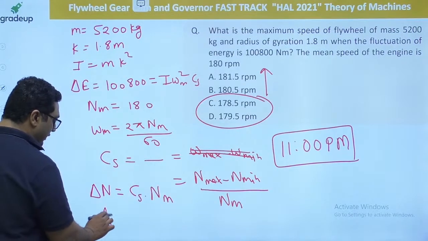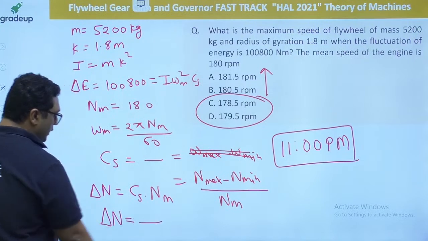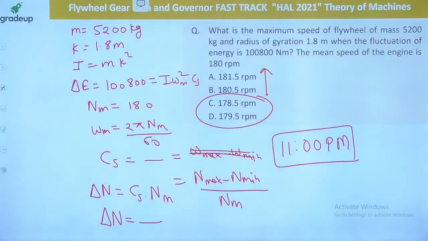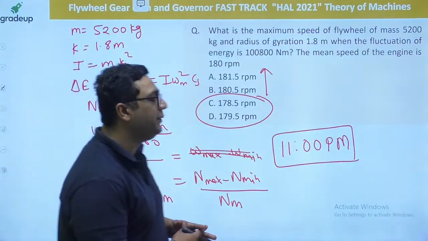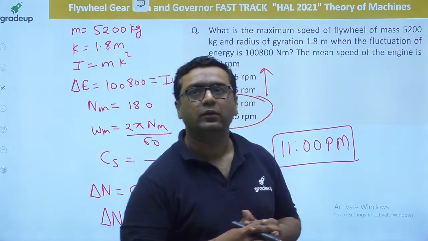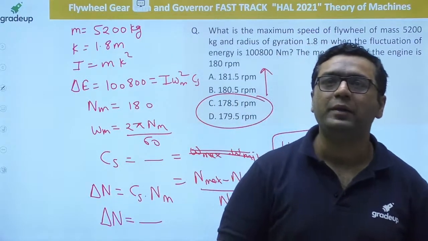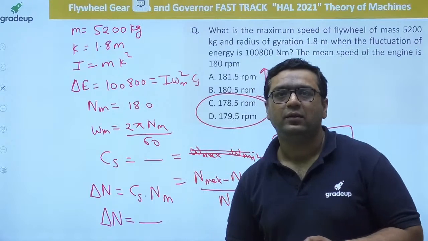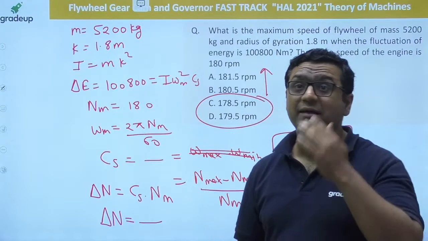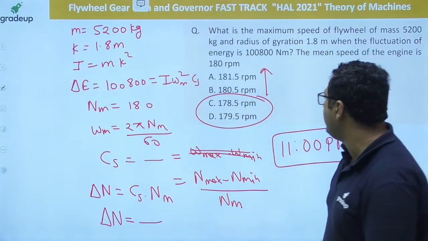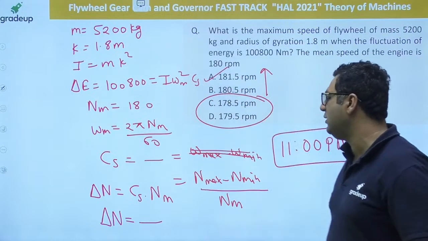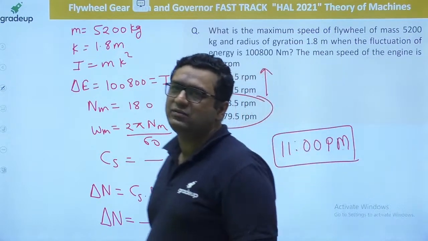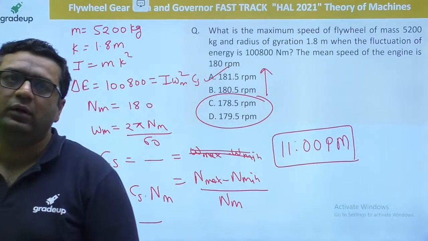Once you get the delta N value, you will get an idea of which one can be the correct answer. CS is coming out to be 0.0168. Arun Kumar, Sanjay, Gaurav Vajpayee have already answered A, 181.5. Yes, very good guys. Wonderful.